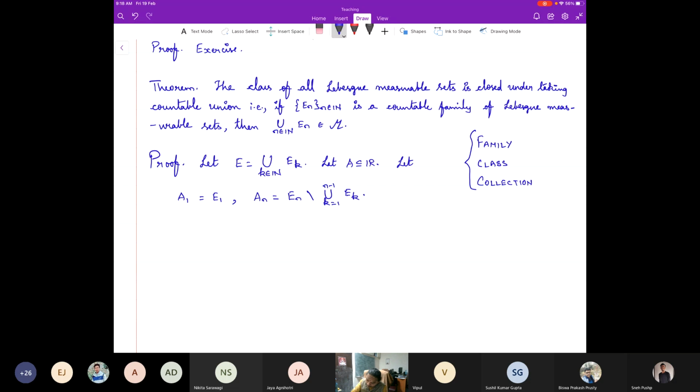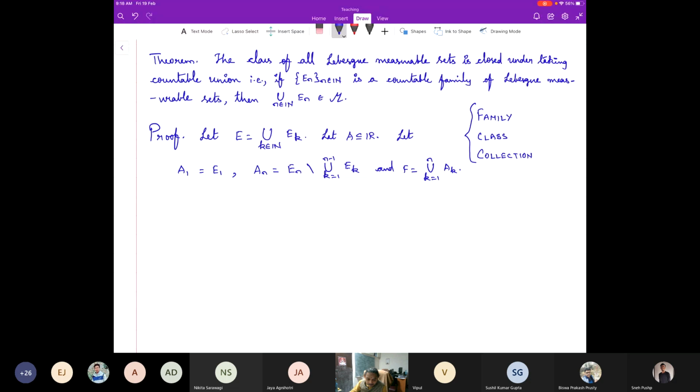And the last set is capital F, which is the union of Ak, k running from 1 to n. Sorry, this should be Fn. This is for n in N, and the first is for n bigger than or equal to 2.